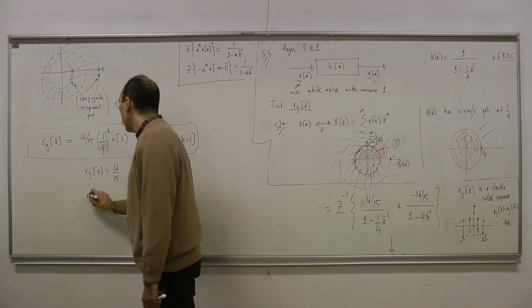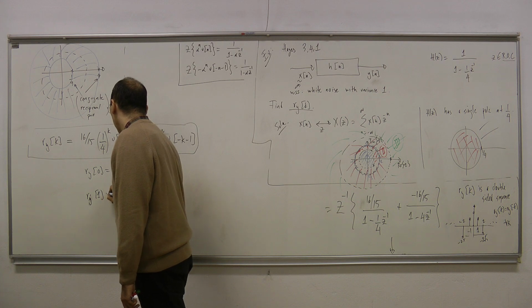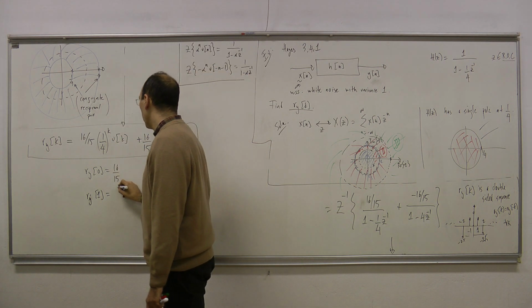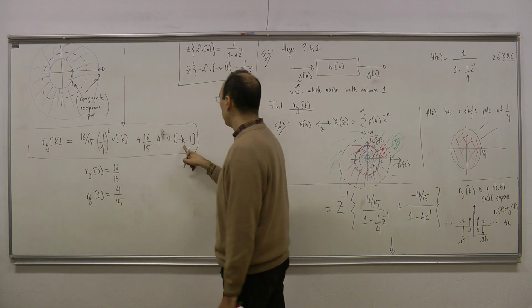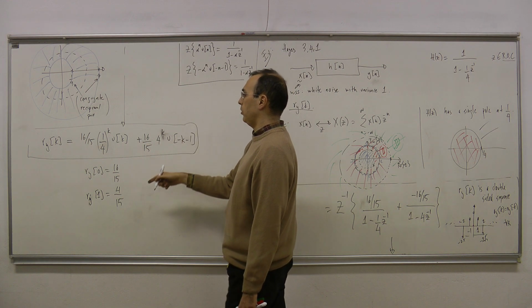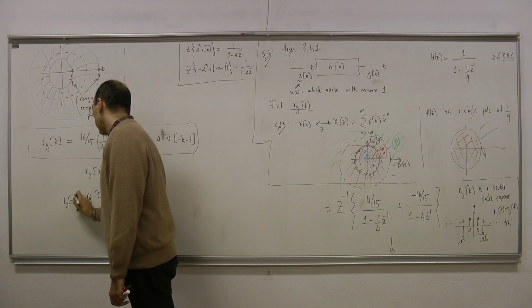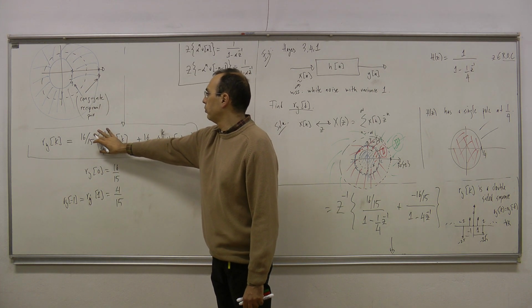Okay. Ry of 1 is, so when k is equal to 1, this is 1. So this is 4 over 15. Okay, this is good. This is u of minus 2, this is 0. And similarly, this is supposed to be Ry of minus 1. So when k is equal to minus 1, this is 0. Don't worry.